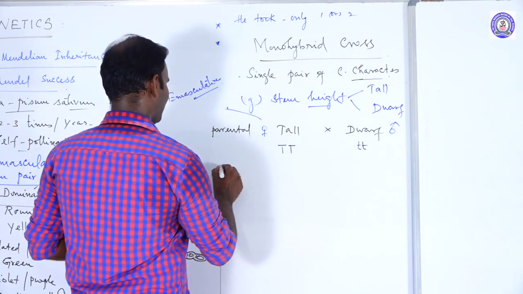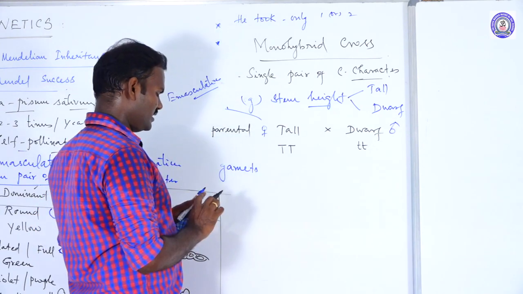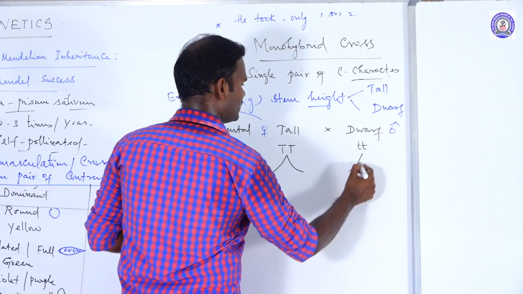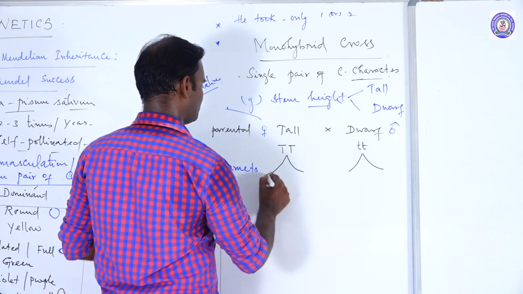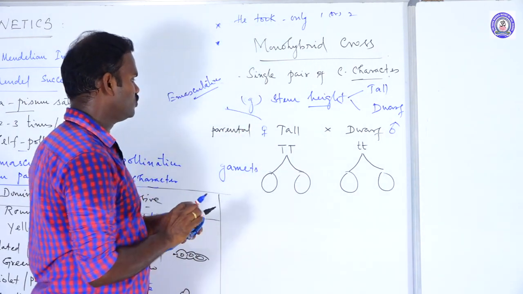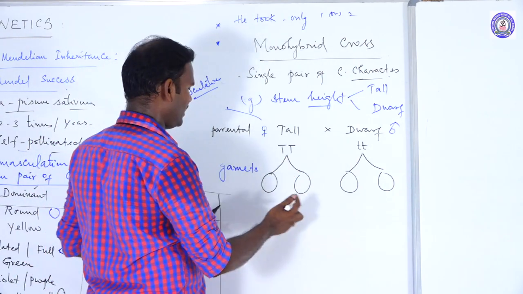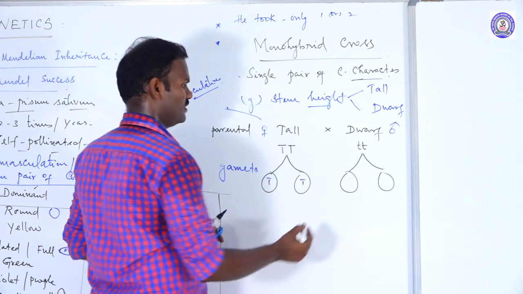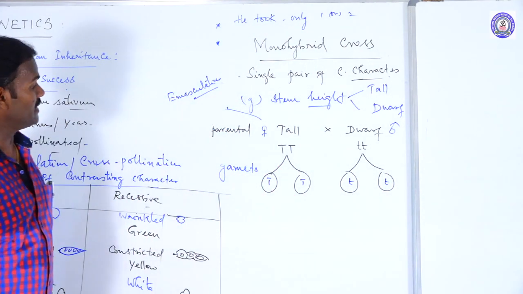But at the time of gamete formation, the alleles get segregated, that is separated, and enter into the gametes. Capital T, capital T, and small t, small t get segregated.